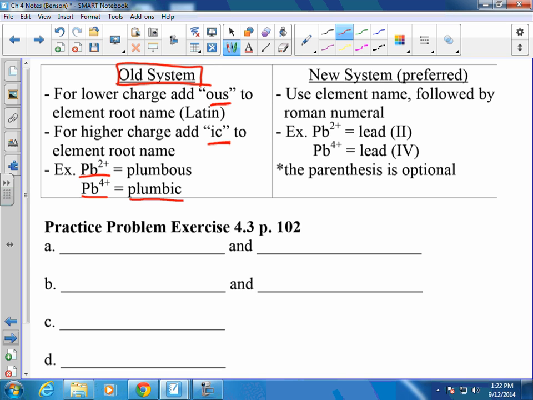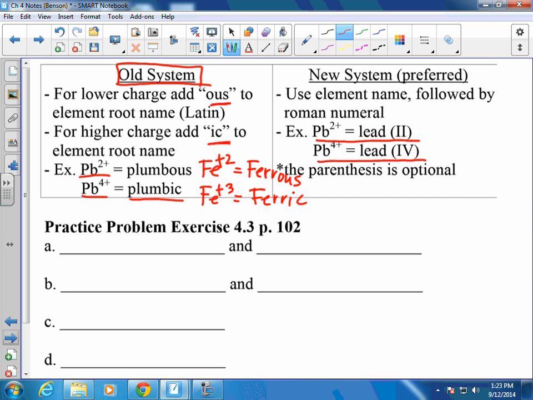So if I'm going to say iron with its 2 charges, the top one here is the lower charge, so that's going to be ferrous, and then this is the higher charge, so this is going to be ferric. So you can see the OUS and the IC. Sometimes you'll see that. Our new system, I think, is a little bit cleaner. You can see that it just gives you the charge and it gives you the Roman numeral to represent that.